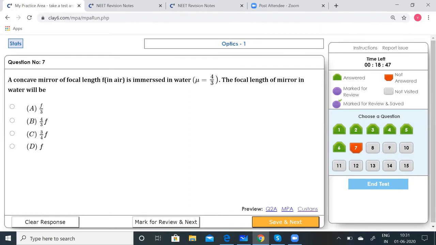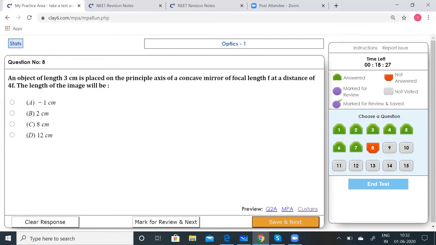Now, irrespective of whether it is concave or convex, the focal length will not depend upon the refractive index of the surrounding medium. So the focal length will be the same as that of the concave mirror. So option B should be correct. Remember this point: focal length does not depend upon the refractive index, whether it is concave or convex. Now coming to the eighth one.